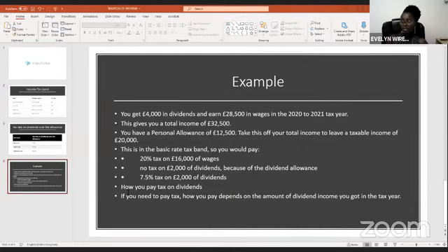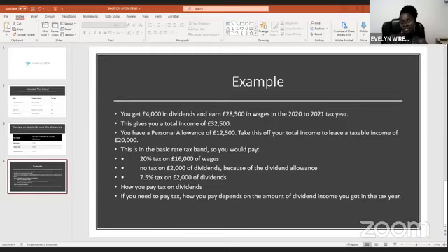In the example, let's say you had a dividend income of 4,000 in 2021, and your salary is 28,500 in wages in the tax year 2020-21. This gives you a total income of 32,500. You have a personal allowance of 12,500.